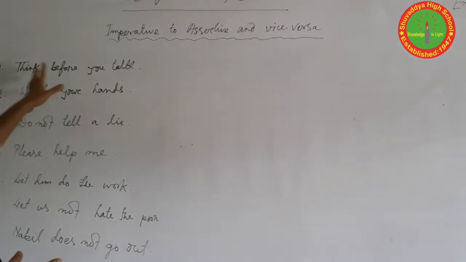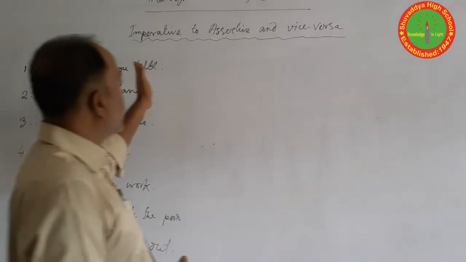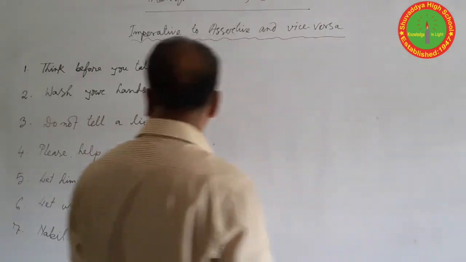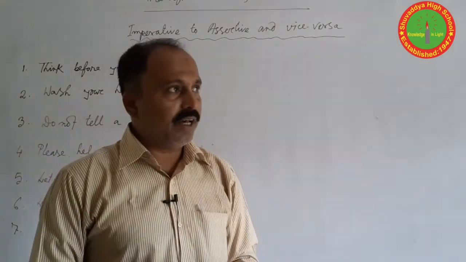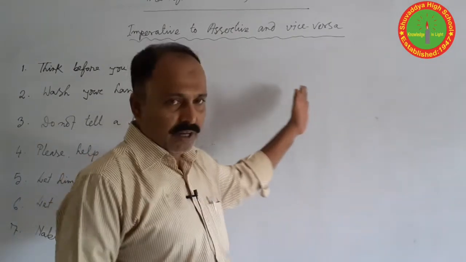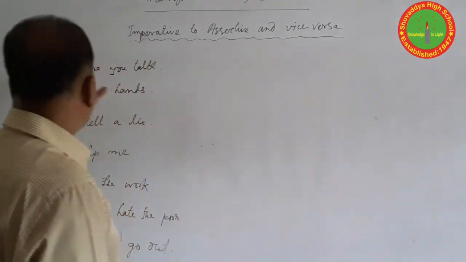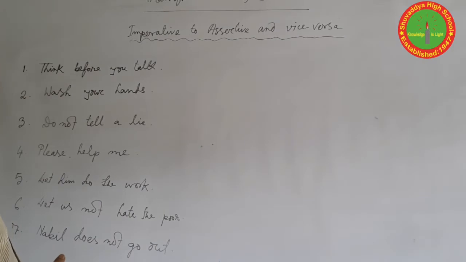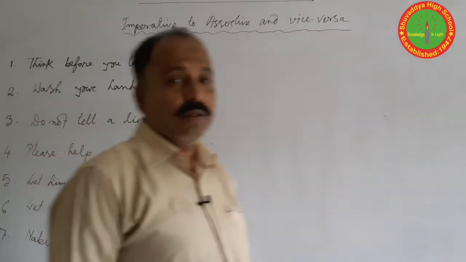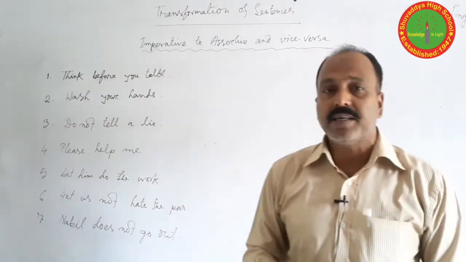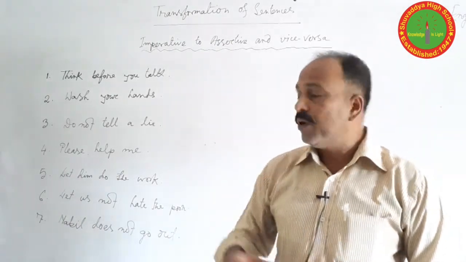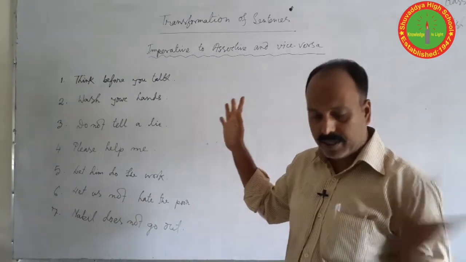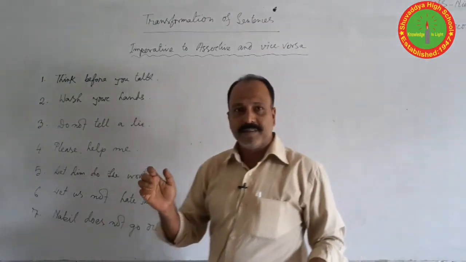So the first sentence, think before you talk, is an imperative sentence. Now this sentence has to be changed into assertive. We know that the assertive sentence starts with the subject and then the verb. Here there is no subject though. All the time in an imperative sentence the subject is second person, it is you, and it is understood all the time in the sentence.